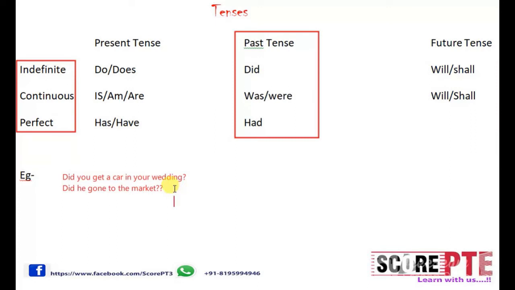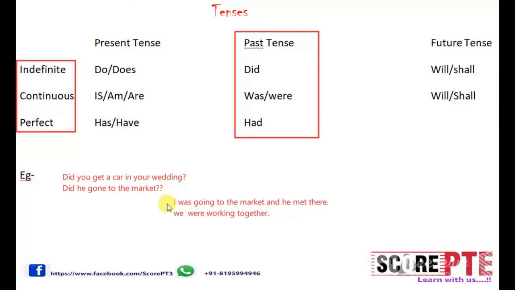Now moving to was, were, which means continuous tense. I was going to the market and he met there. We were working together.